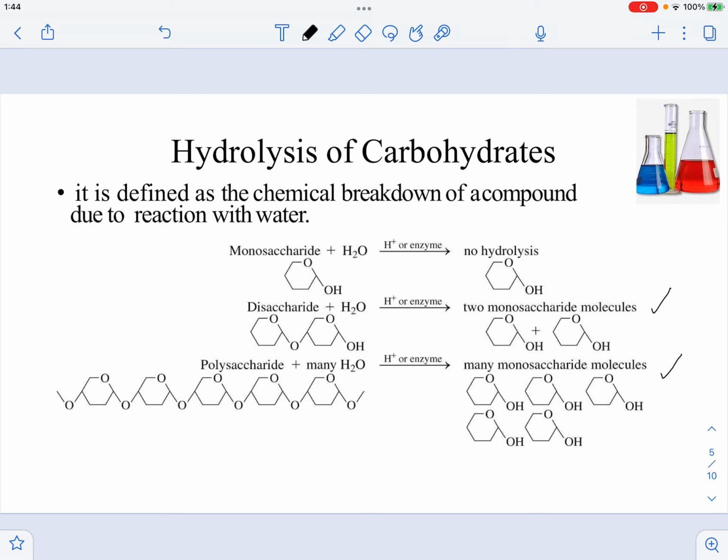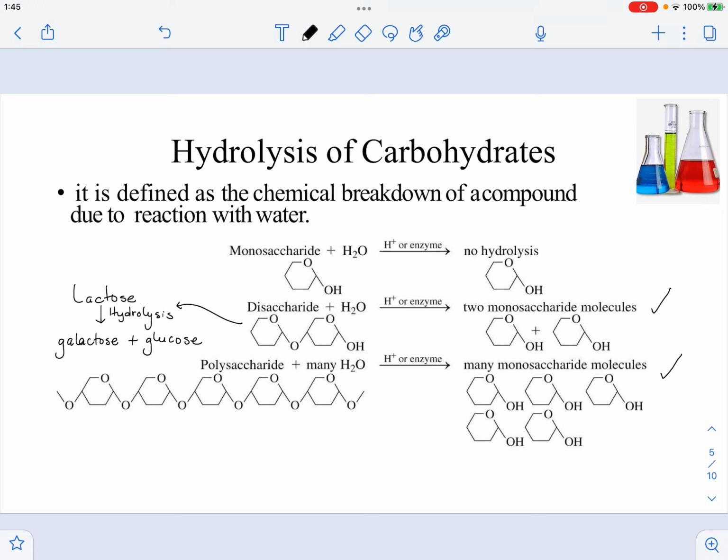So for example, if lactose undergoes hydrolysis, it's going to produce galactose and glucose.